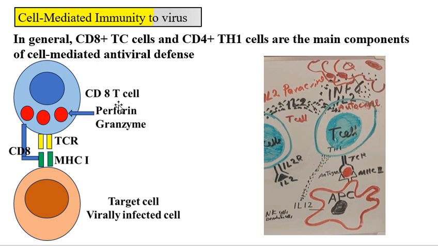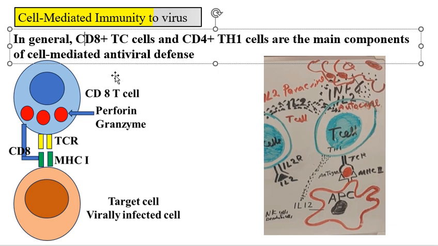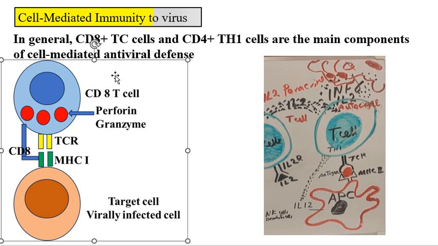And CD8 cells may also produce cytokines early on. For example, they produce interferon gamma and tumor necrosis factor alpha, which have antiviral activity.